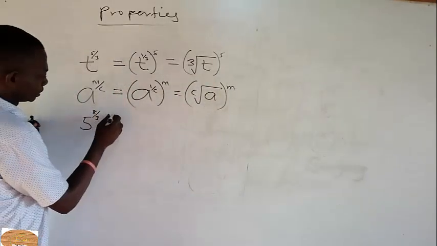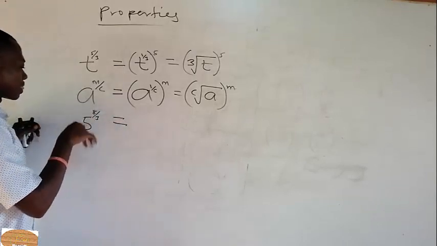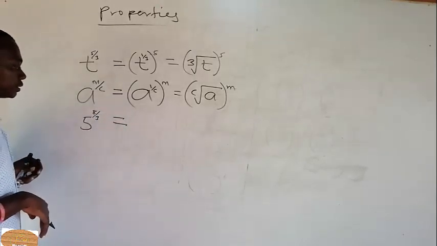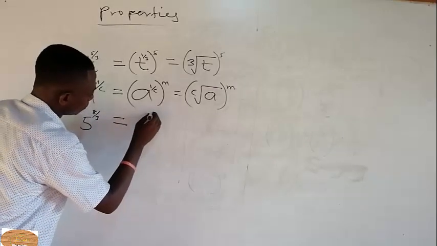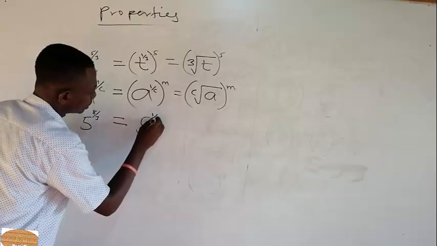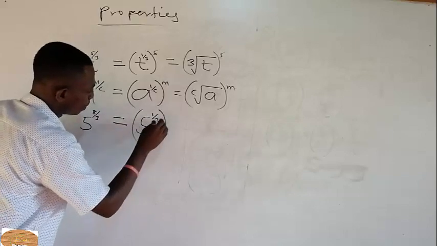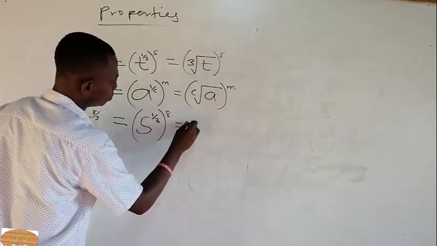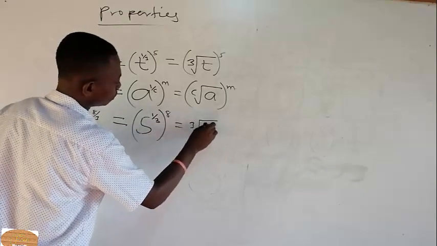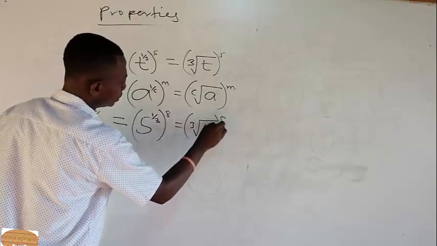So this one is 5 to the power 8 over 3. How do you write this? It is the same as 5 to the power 1 over 3, all to the power 8, and this gives us the cube root of 5, all to the power 8.